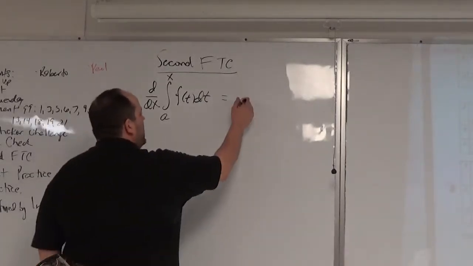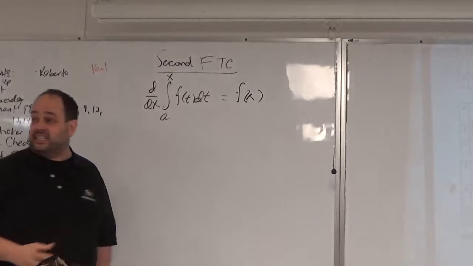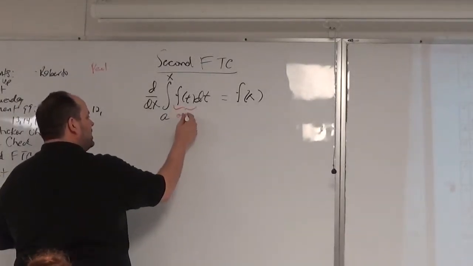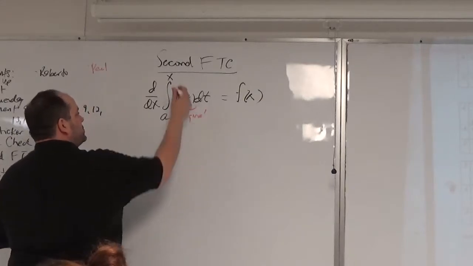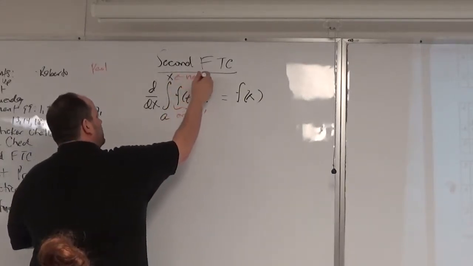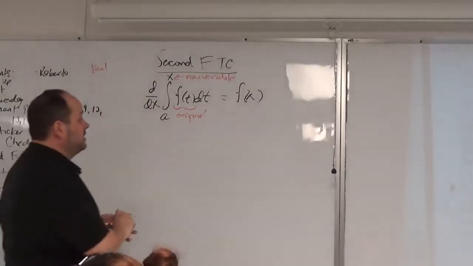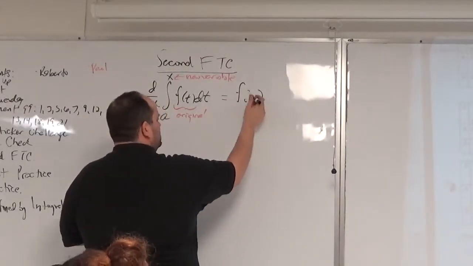The original function. Just f of x. It's your original function. Okay, here's your original with the new variable. That's all. Seriously, for reals. Let's make that look like an x.